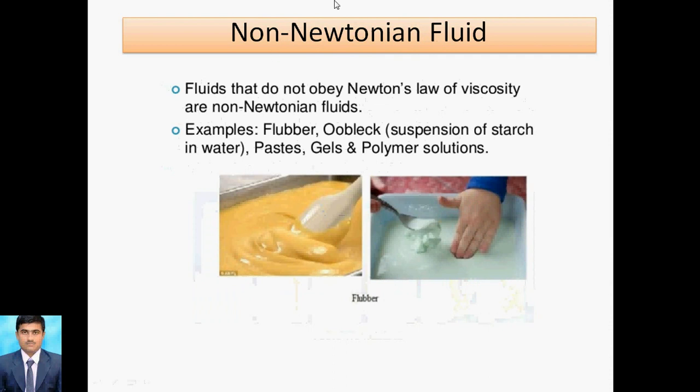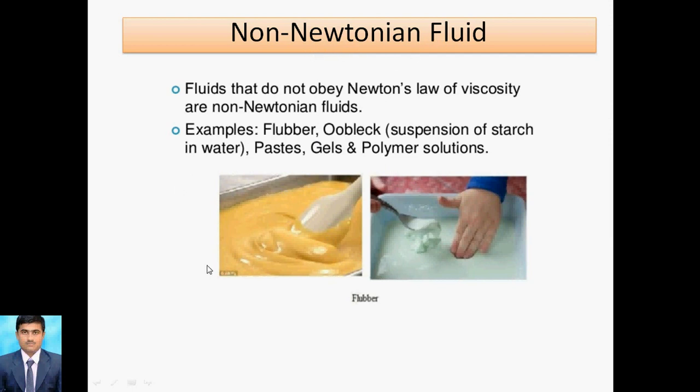And then next is the non-Newtonian fluid. A fluid that does not obey Newton's law of viscosity is called a non-Newtonian fluid. Examples are pastes, gels, polymer solutions, starch solution, and rubber. All these examples are non-linear, or non-Newtonian, fluids.